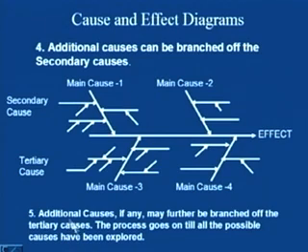As I already mentioned, additional causes, if any, may further be branched off the tertiary causes. The process goes on till all the possible causes have been explored. After exploring and drawing all the causes, we go for the Pareto analysis to say which are the vital causes and which are the trivial causes. Vital causes we need to investigate further first.